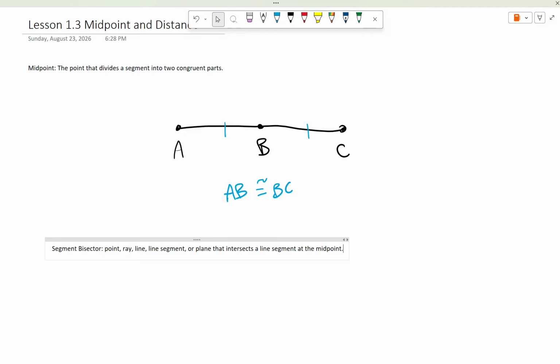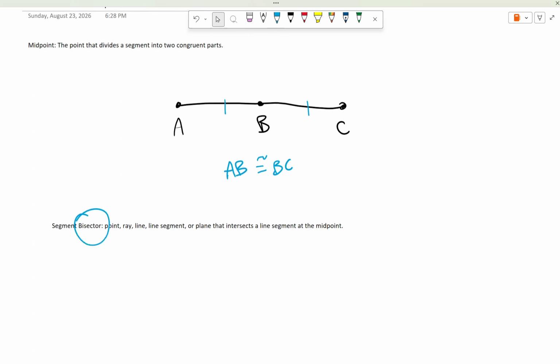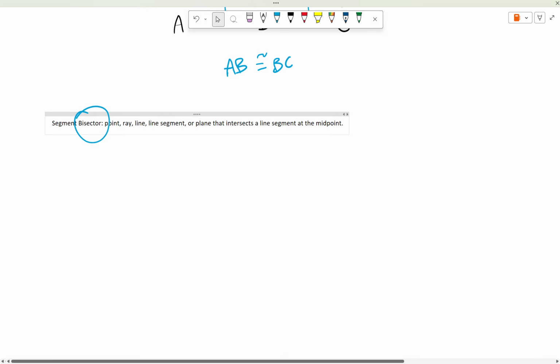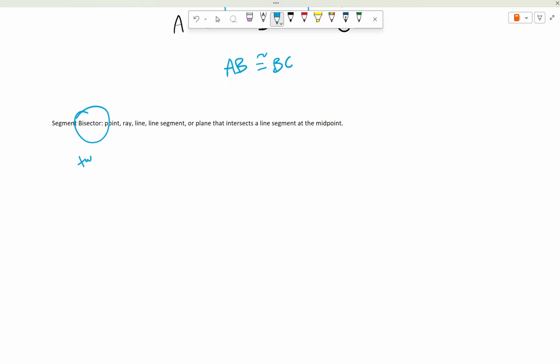In this case, that segment bisector is what we described before, this point B. I could also draw something that slashes through line segment AC, as long as it cuts it exactly in half, into two congruent parts, two equal measurements. Then it is the segment bisector. Make sure that we're using the word bisector very intentionally. It doesn't mean that it's just cut into two pieces. It means cut into two equal pieces.